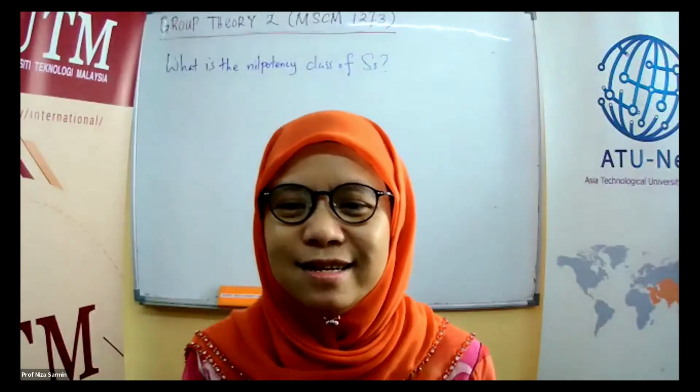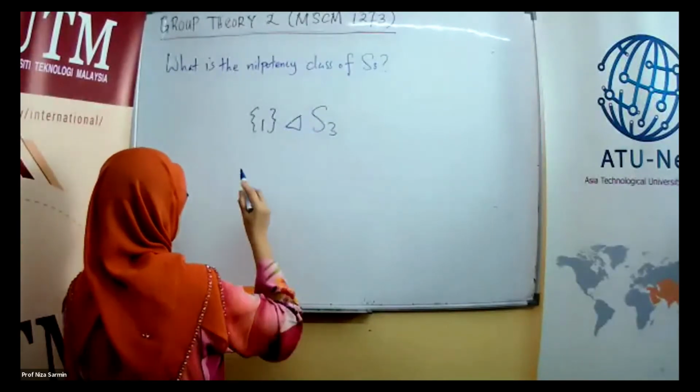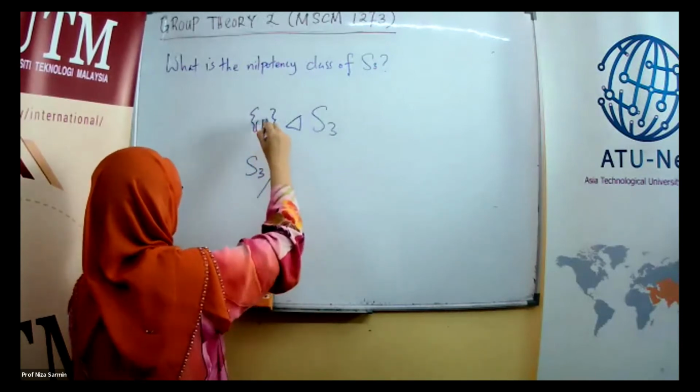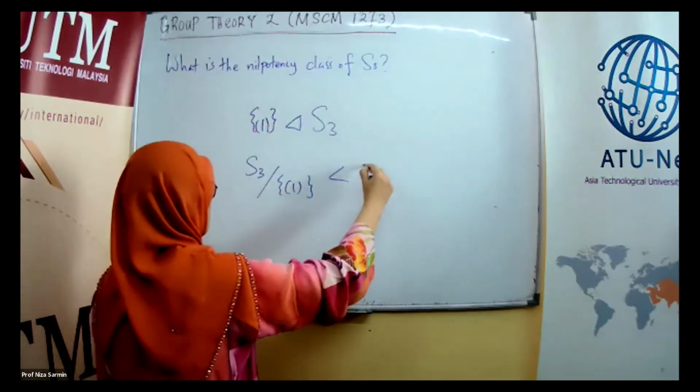Based on my understanding, the nilpotency class is 2. Hassan, you are not talking or what? Yes. Based on my understanding, the nilpotency class of S3 is 2. If you just give the answer here, right? If you say this is the shortest one, then you need to prove that, right?